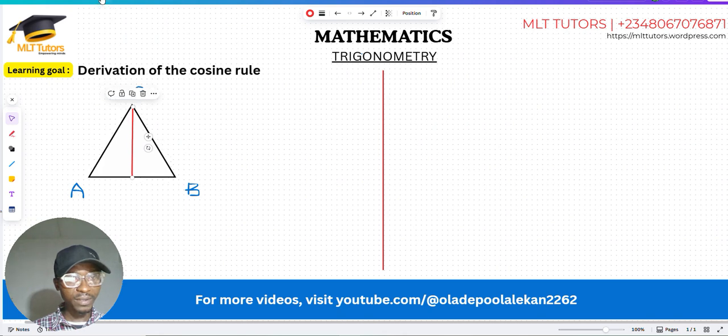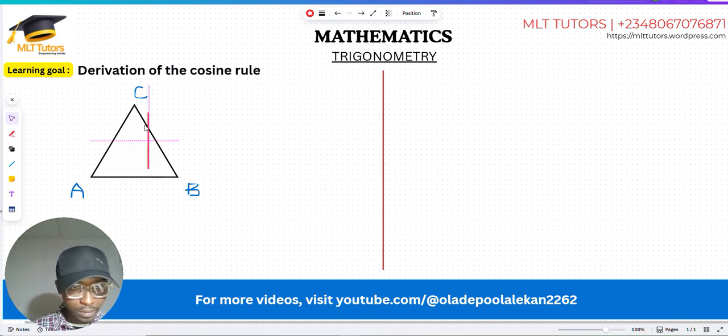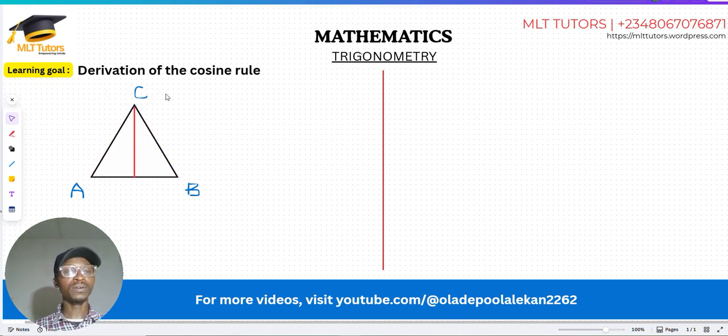That's not perfect. Okay, that's okay now. Okay, perfect. That's the altitude of the triangle. Let's name that the altitude of the triangle. That should be the height of the triangle.